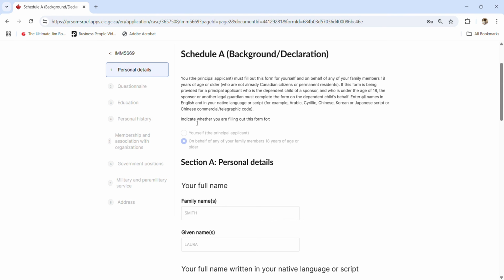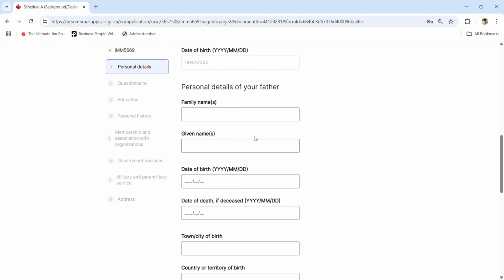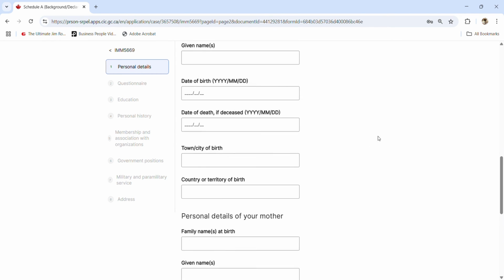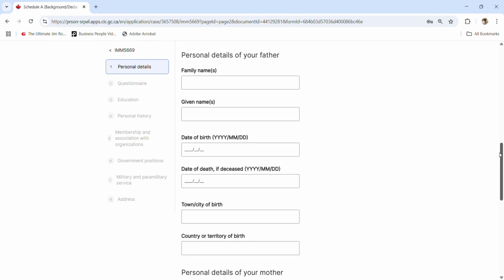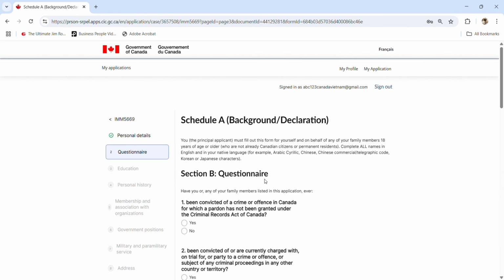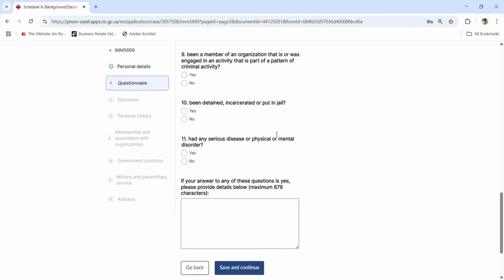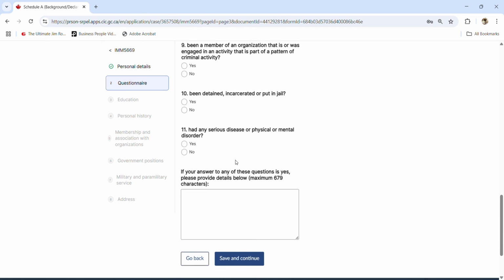When all sections are filled, you can save and continue, and it will bring you back to the main page of the form IMM 5669. For example, in personal details, you fill out all of that information, and then save and continue. In this questionnaire, you will need to fill out all of the 11 questions.